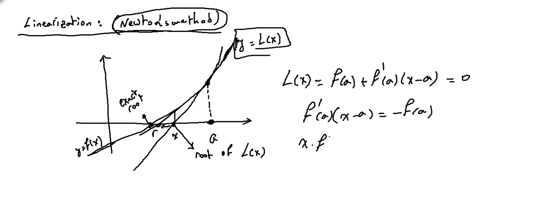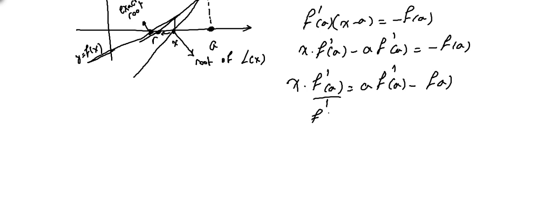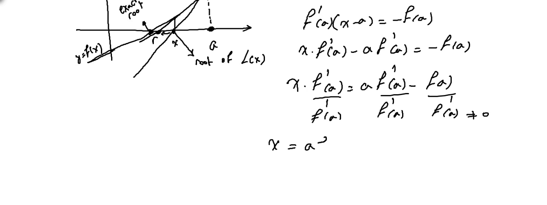So x times f prime of a minus a f prime of a equals minus f of a. Let's take those to the other side: x times f prime of a equals a f prime of a minus f of a. Let me divide both sides by the derivative at a, in such a way that this derivative is not equal to 0. This implies x equals a minus f of a divided by f prime of a.